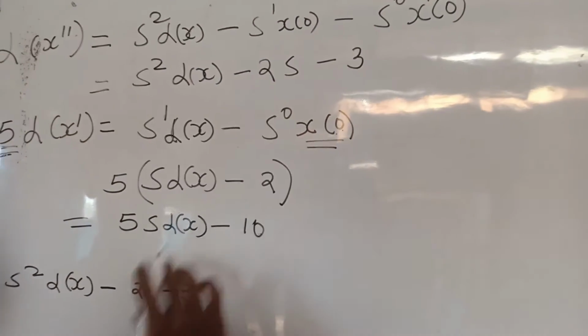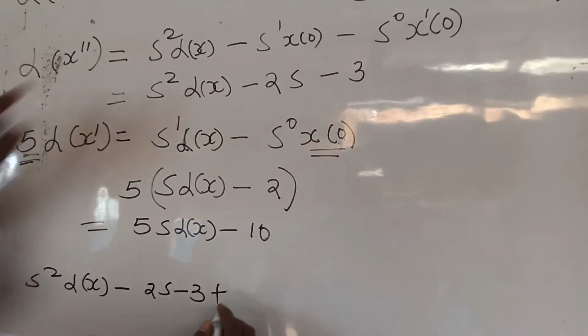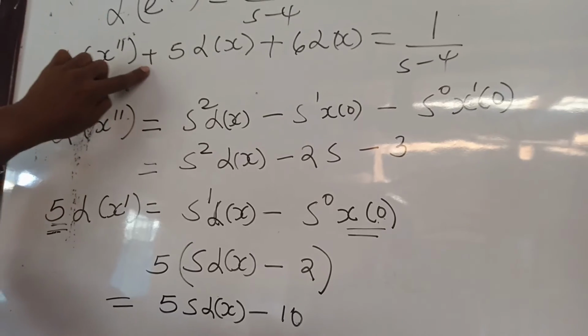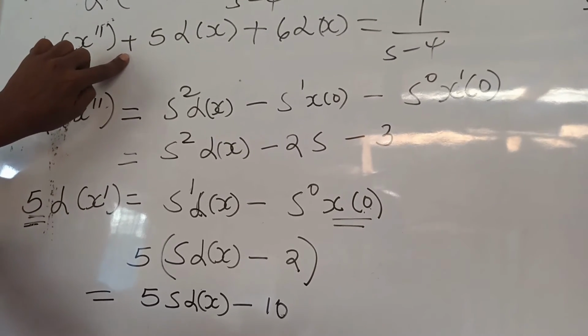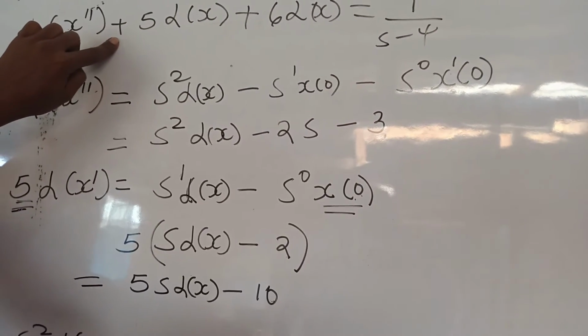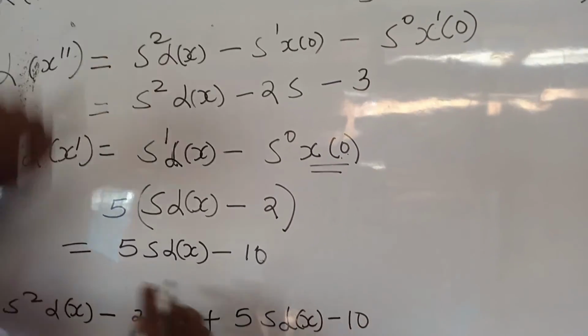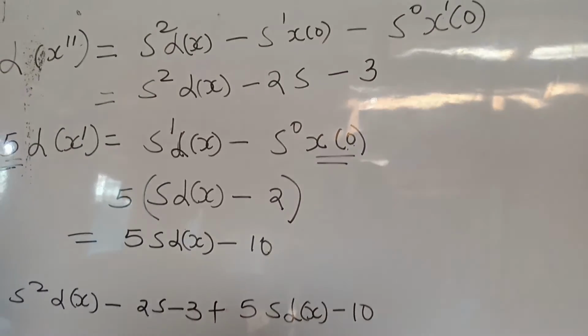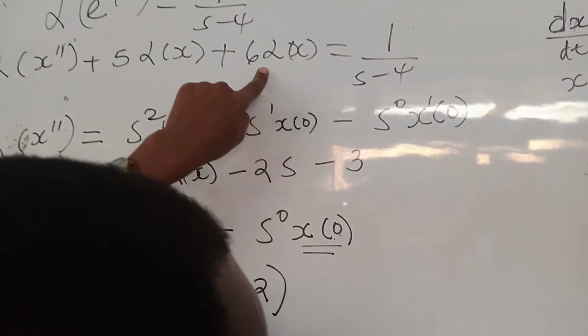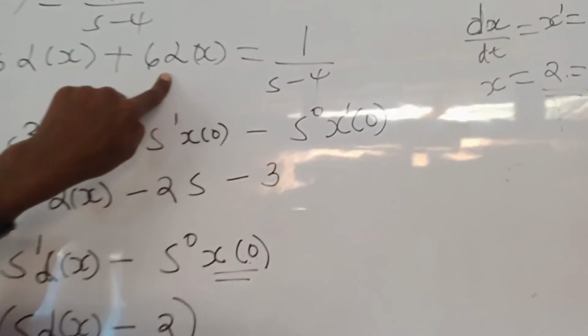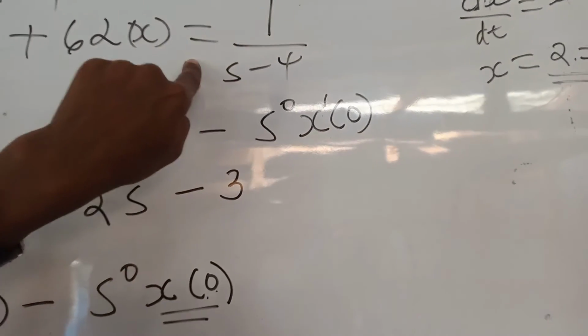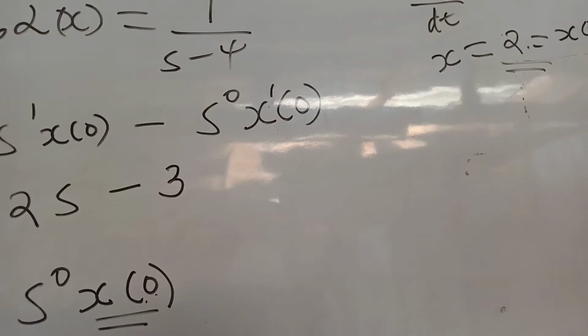This one here is what I've written here. Then plus 5 sL of x minus 10. This value is what I'm writing here. Then plus 6L of x is equals to 1 over s minus 4.